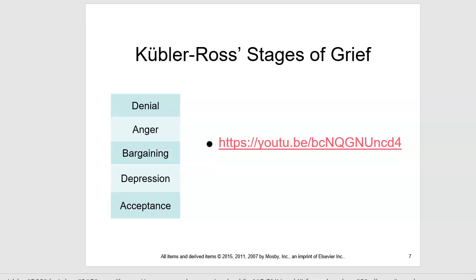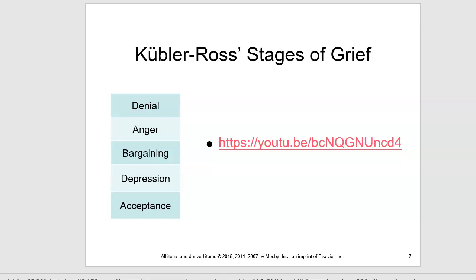And the stages are denial, anger, bargaining, depression, acceptance. And maybe it helps you to remember that by using the acronym DABDA, that is a pretty famous acronym.